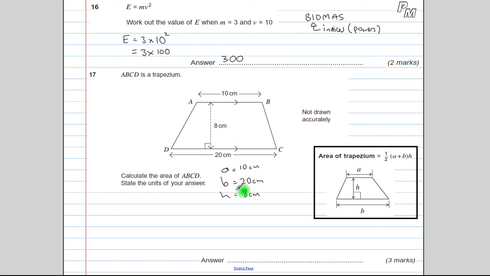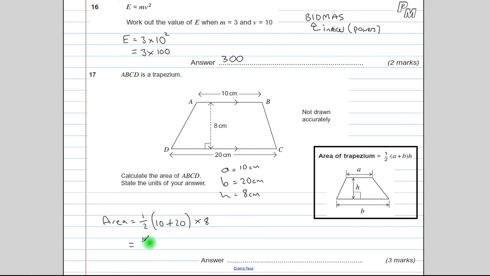All we need to do now is put these numbers into this formula. So the area is a half of A plus B, which is 10 plus 20, multiplied by the height, which in this case is 8. Again, we're going to use BIDMAS.